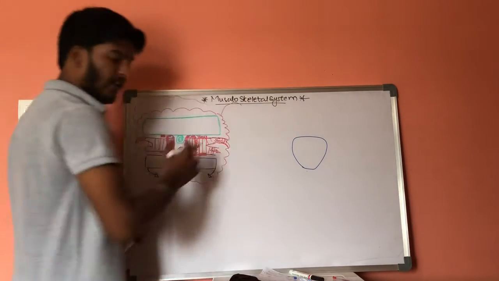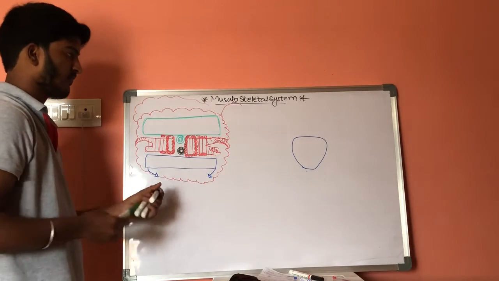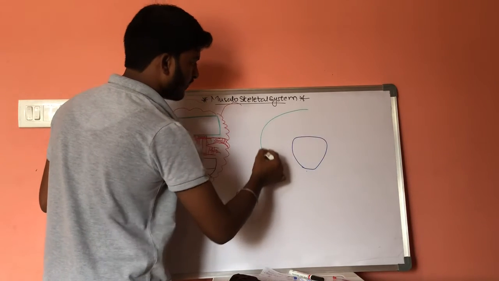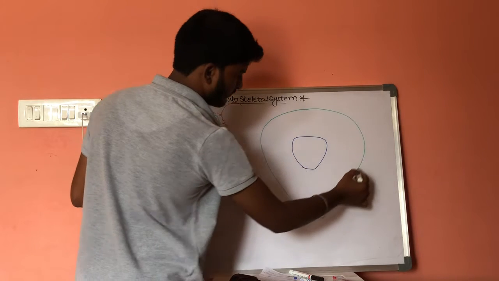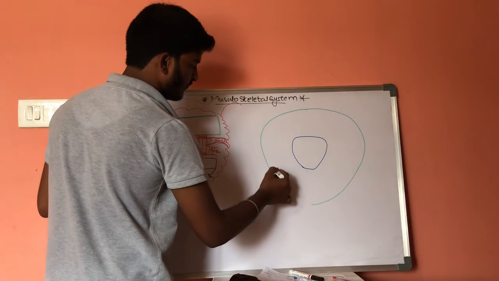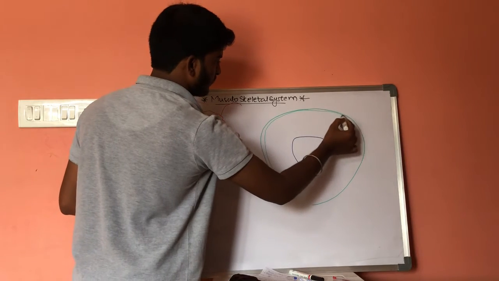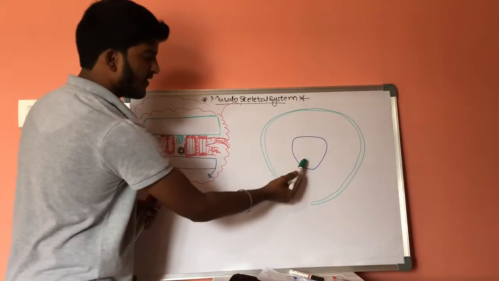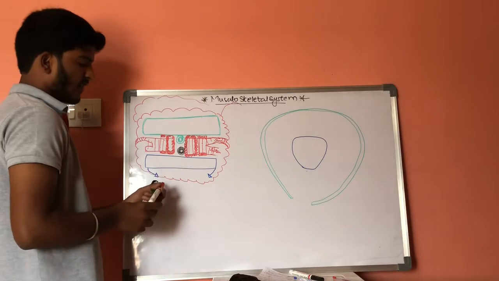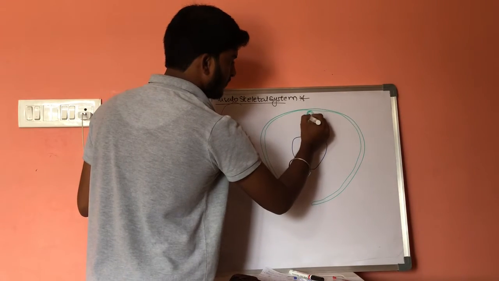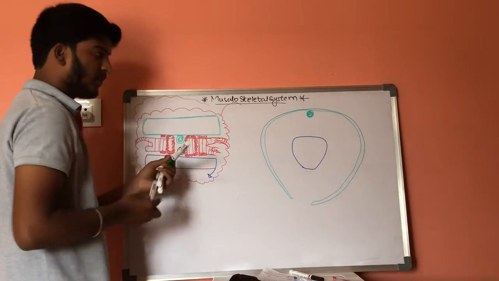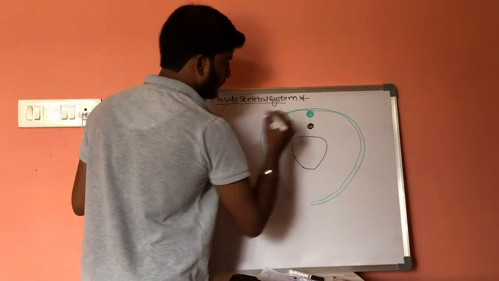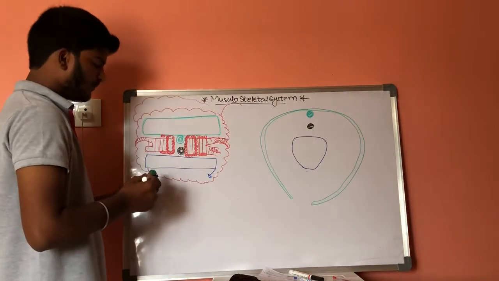This is endoderm and this is ectoderm. Here it consists of the neural tube, and below the neural tube it consists of the notochord.